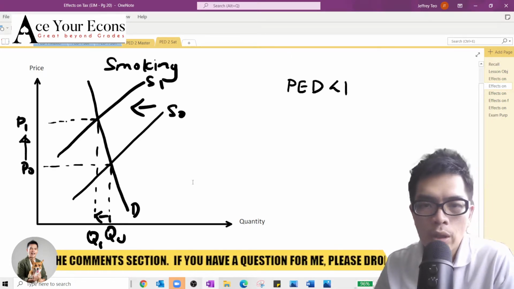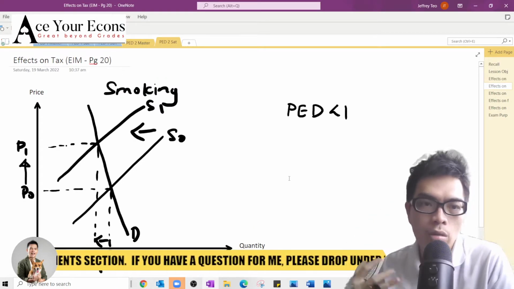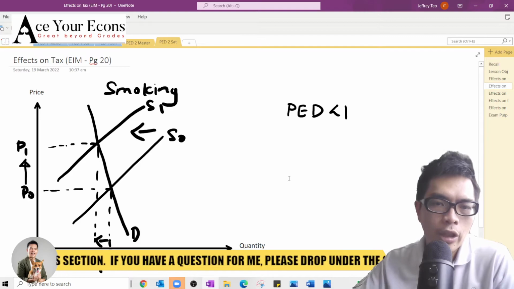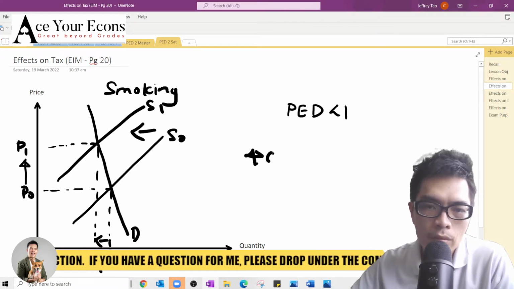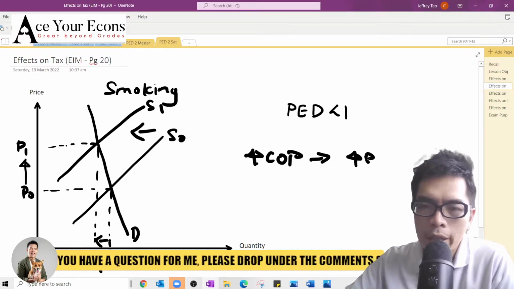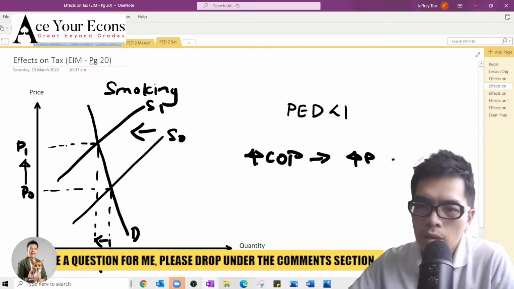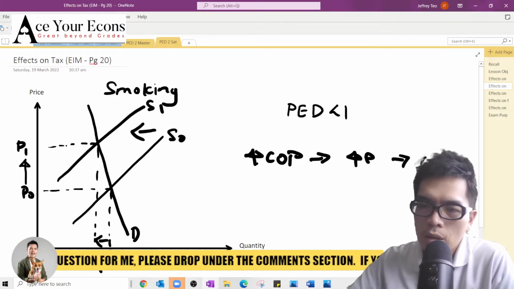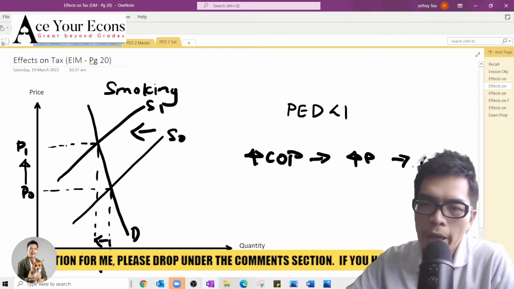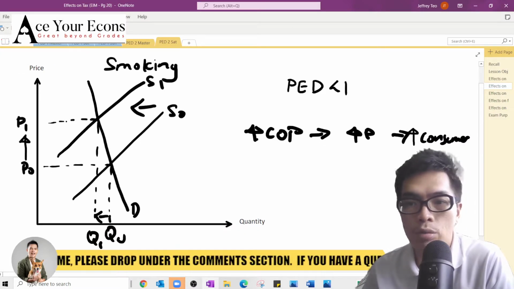Next week when we cover tax and subsidy, we will learn that producers will incur a higher production cost, and they will pass off the higher price to consumers. Consumers will bear a higher price. They will share the tax. This is what we'll be learning next week.